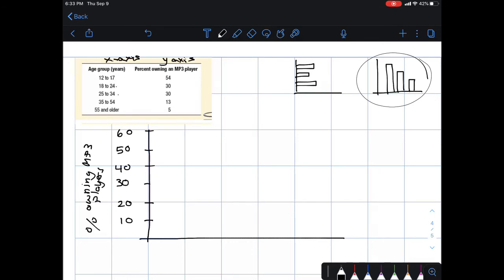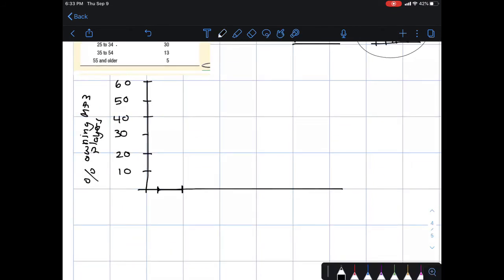Okay, so on the x-axis, I'm putting the age group. So I'm just going to start from here to here. I'm going to end at this line. I'll make one group here, and I'll call that the 12 to 17. All right, and then again, see how I went in this far?